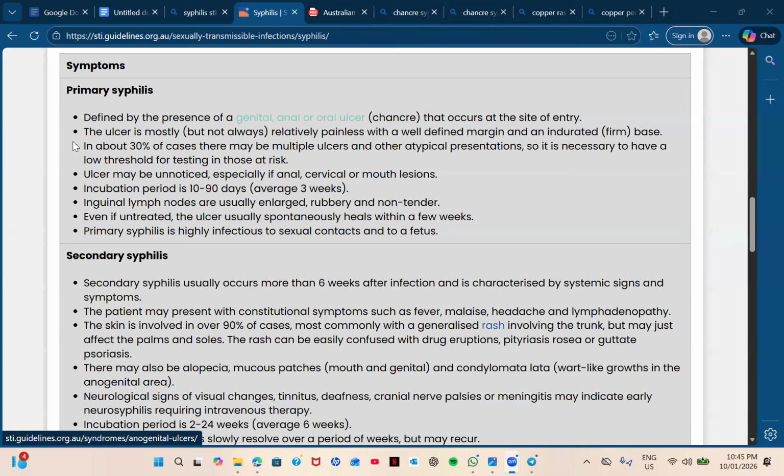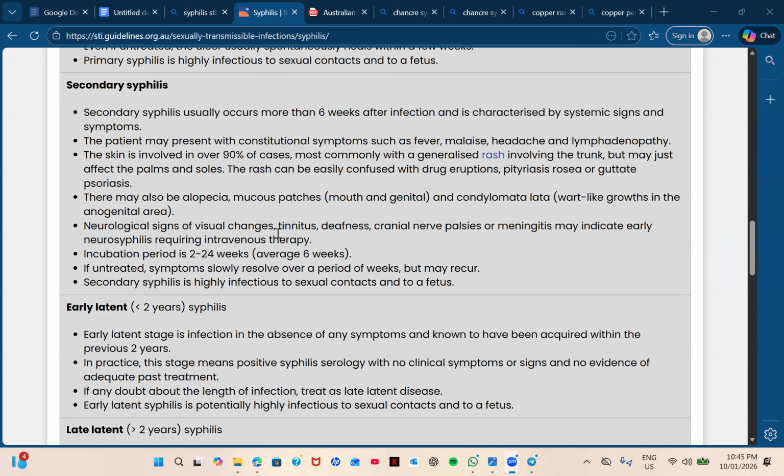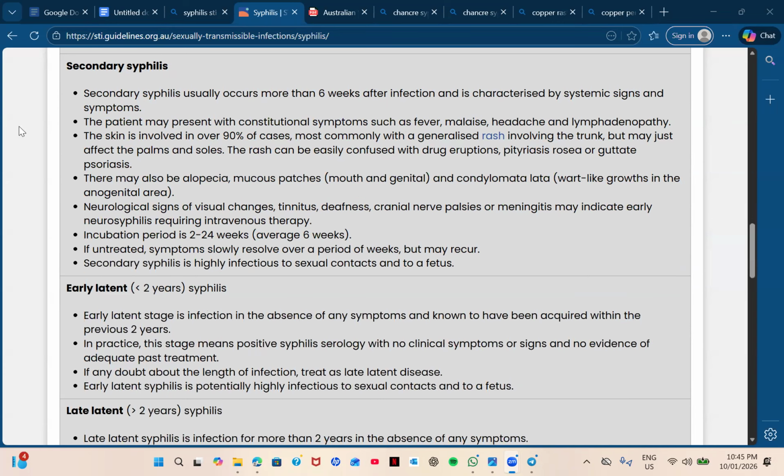These ulcers are usually unnoticed by the patient, and can heal spontaneously, but the patient is still infectious. Then about six weeks after primary syphilis, it can develop into secondary syphilis.